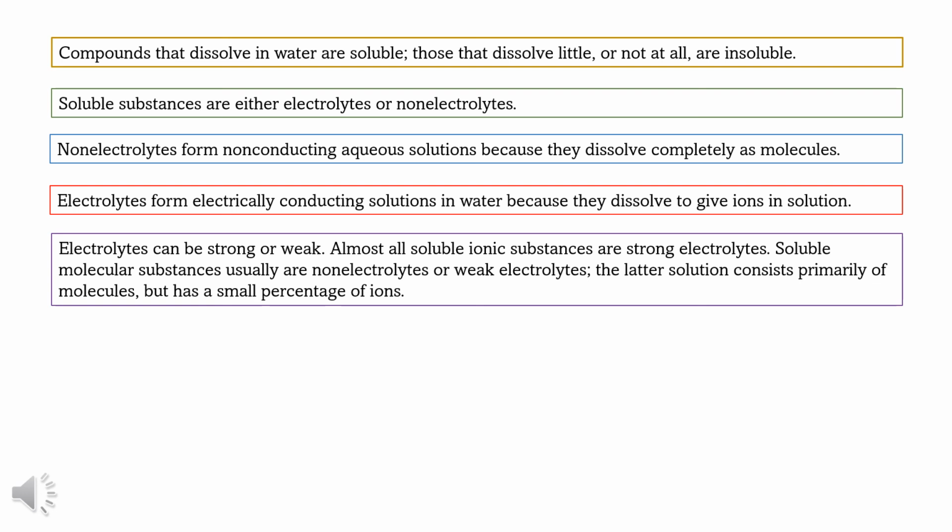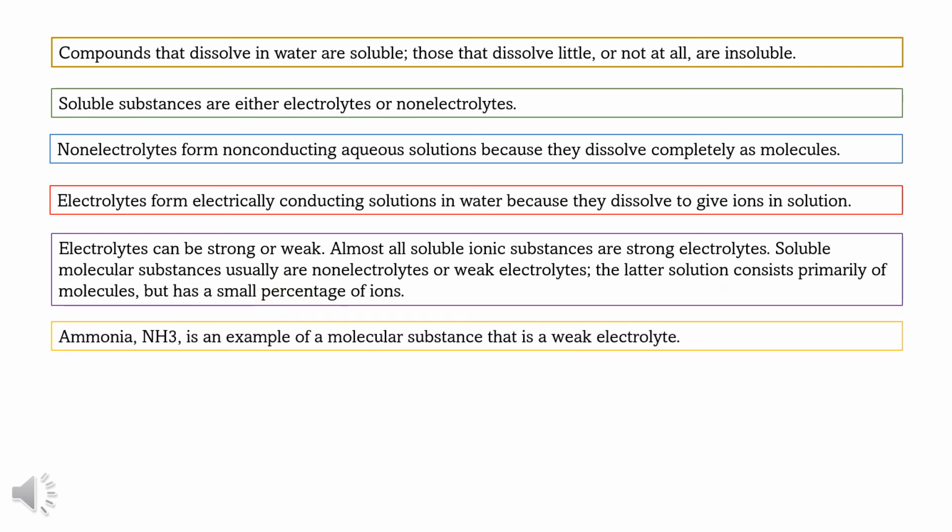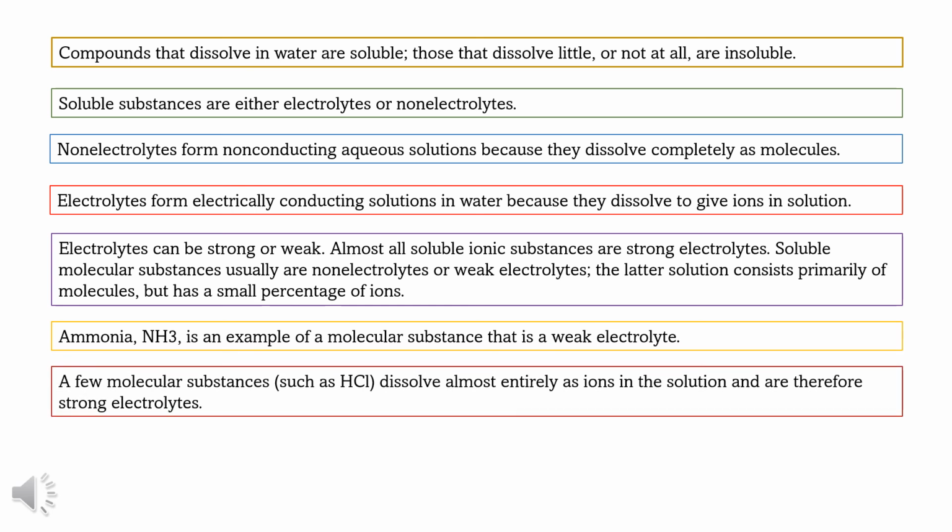The latter solution consists primarily of molecules but has a small percentage of ions. Ammonia is an example of a molecular substance that is a weak electrolyte. And a few molecular substances, such as HCl, dissolve almost entirely as ions in solution and are therefore strong electrolytes.